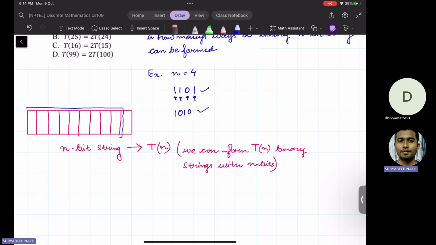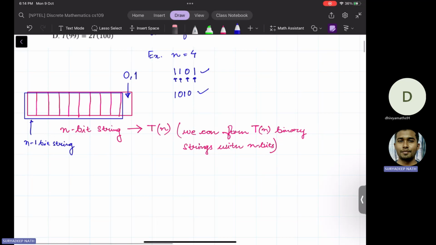This can be broken down if we consider the n minus 1 bits, so this is your n minus 1 bit string. And in the last bit we have two options, 0 or 1.